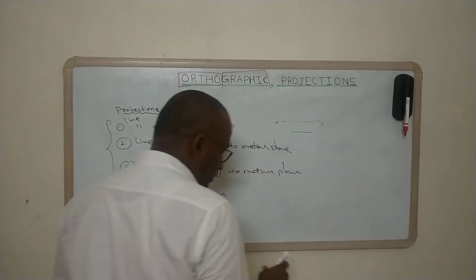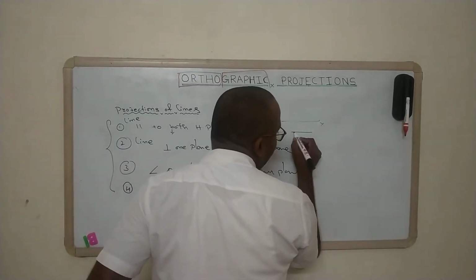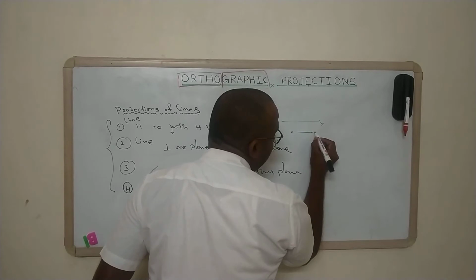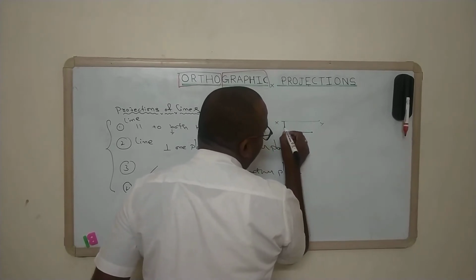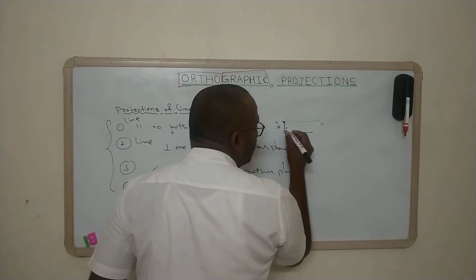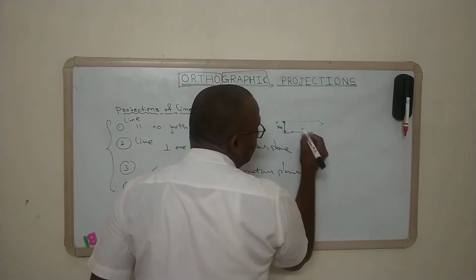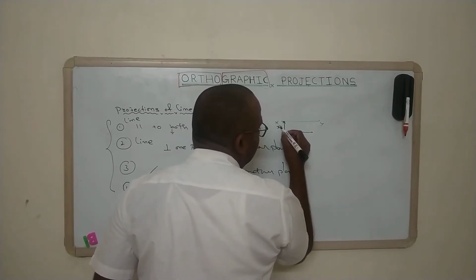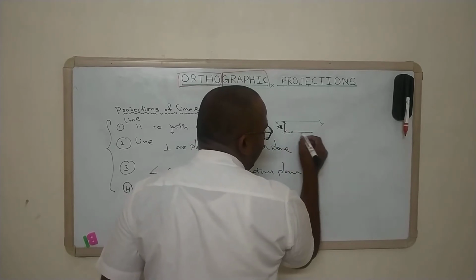Now I am going to construct the top view. Two end points, given in front of VP, equal to XL, that is XL means the total line.